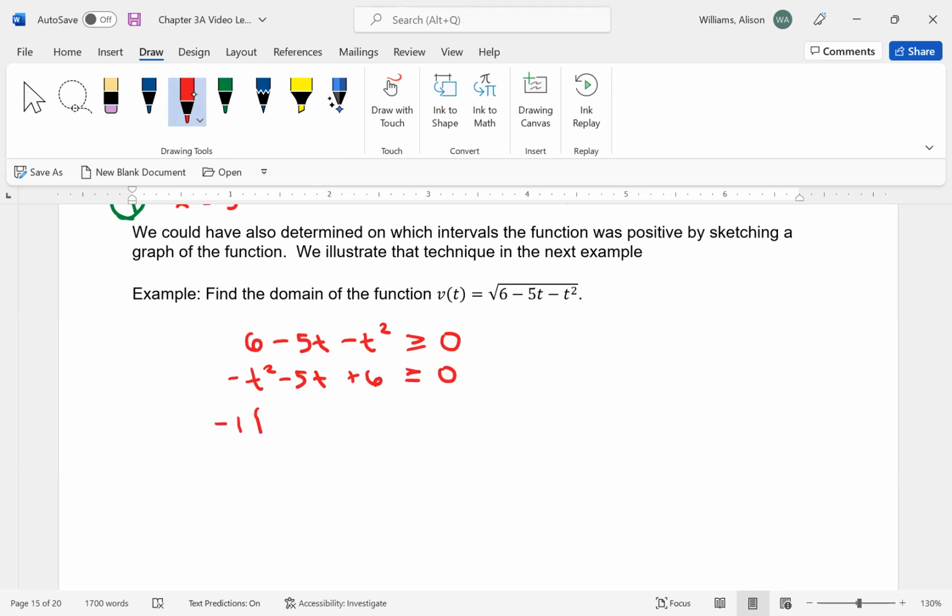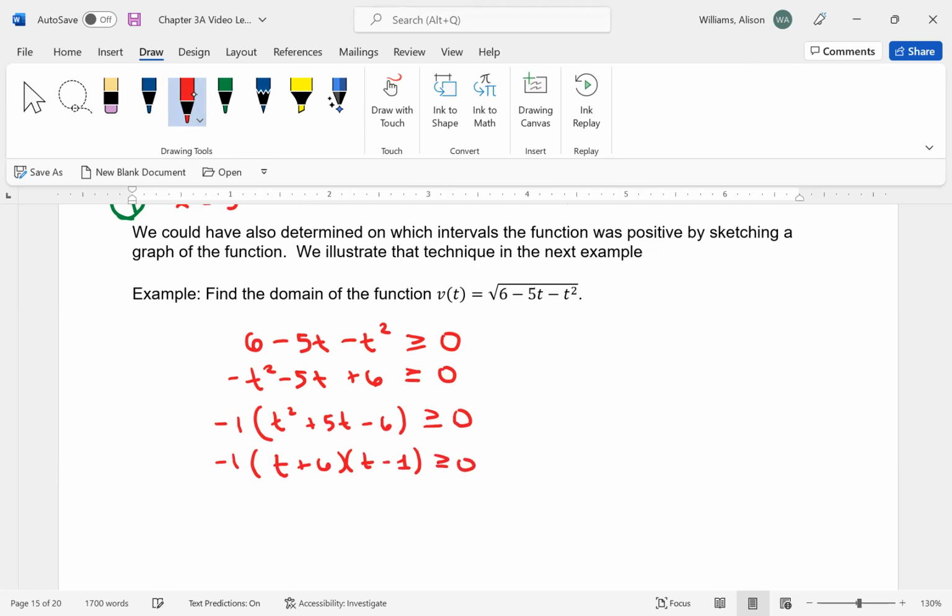So that's going to be t squared. Wow, that's the saddest parentheses. t squared plus 5t minus 6. And then factoring that would be t plus 6, t minus 1. Two numbers that multiply to be -6, but add to be 5. It would be -6. I'm sorry, +6 and -1.